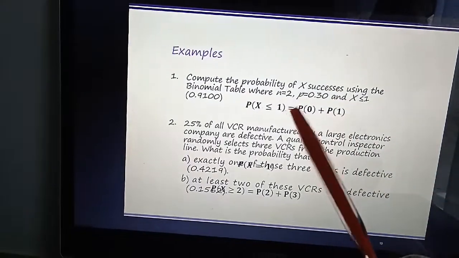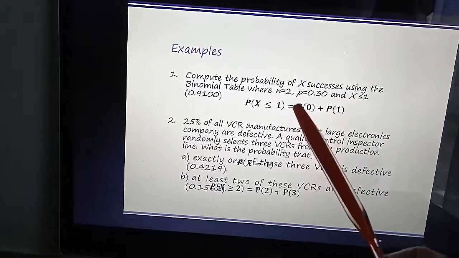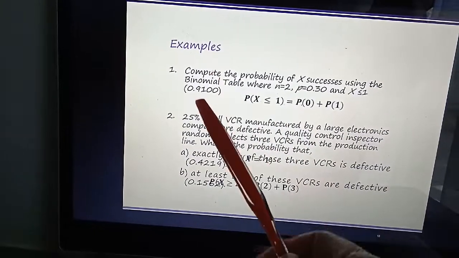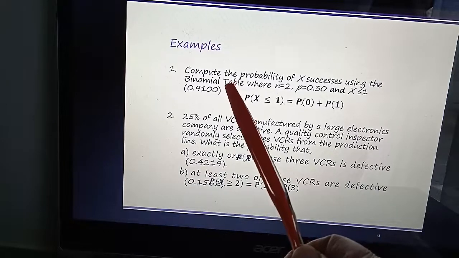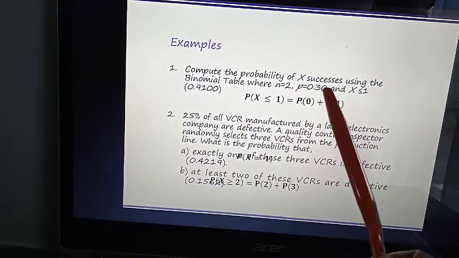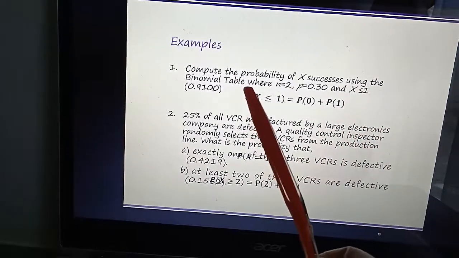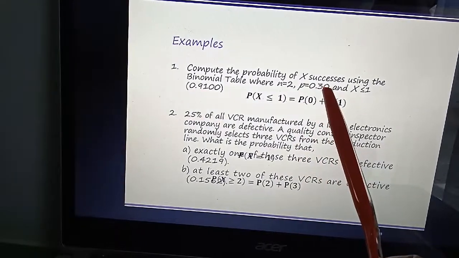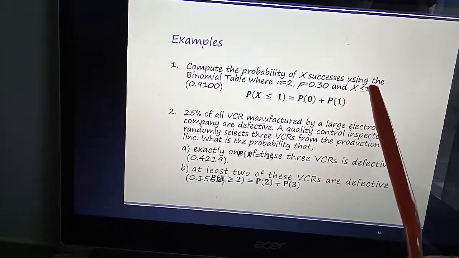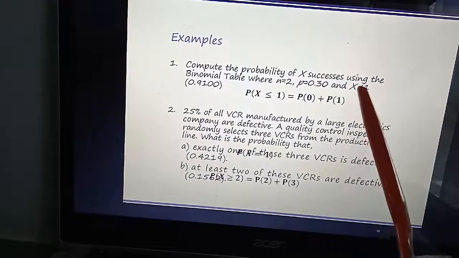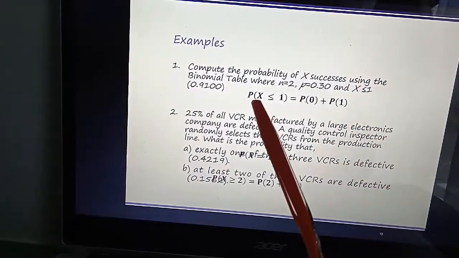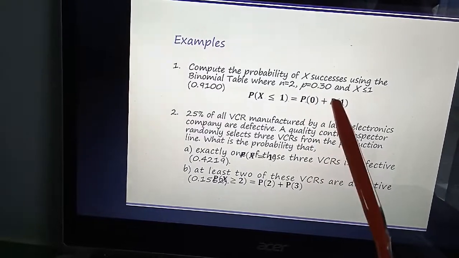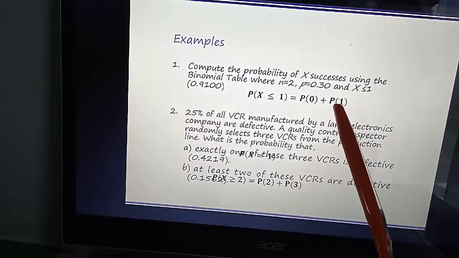Okay, now using the binomial probability table, try to answer these examples. Number 1, compute the probability of x successes using the binomial table where n equals 2, p equals 0.30, and x less than or equal to 1. For x less than or equal to 1, we have probability P(x equal 0) plus probability P(x equal 1).